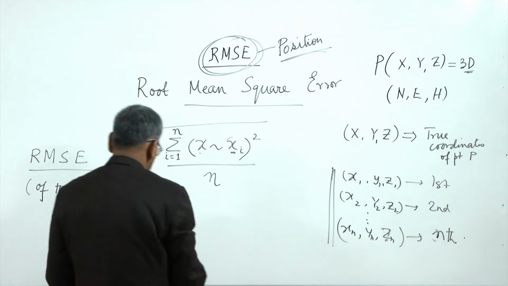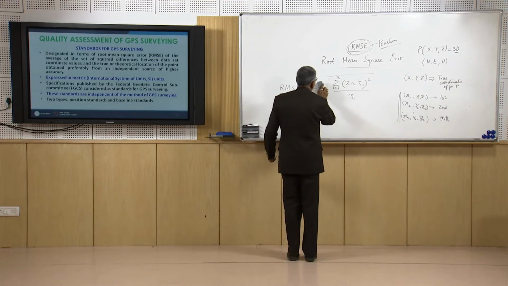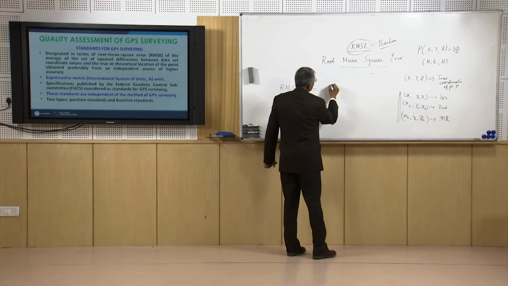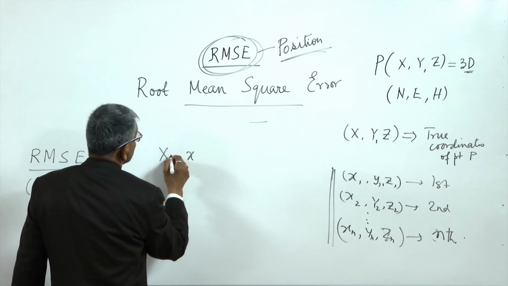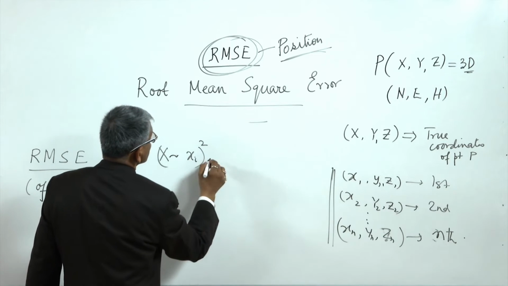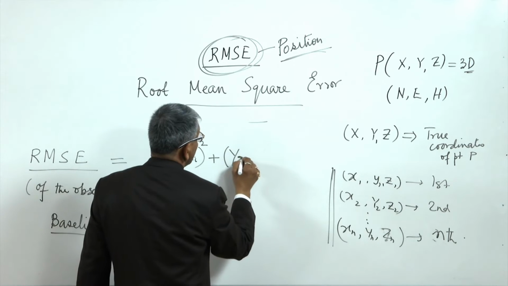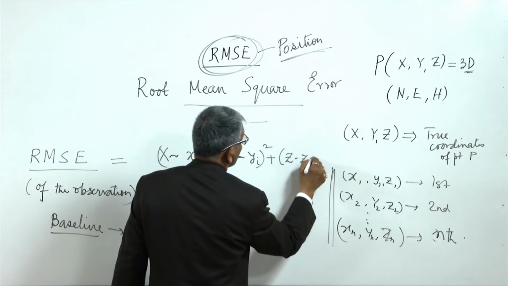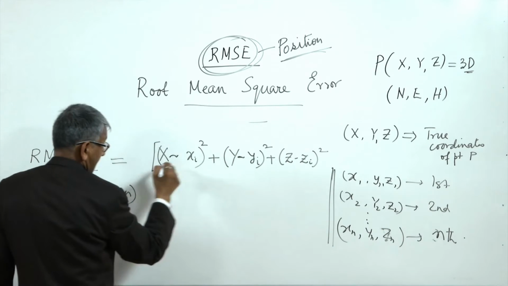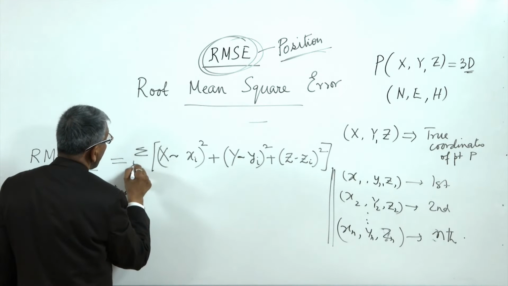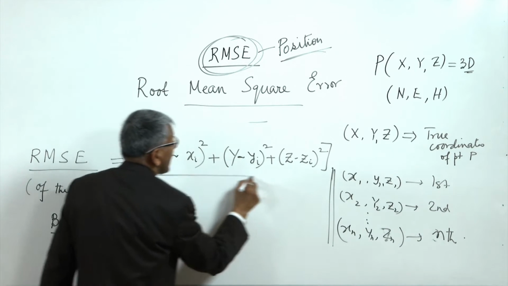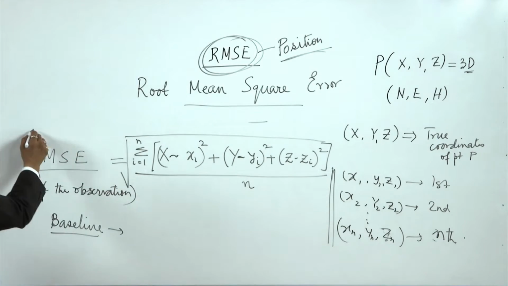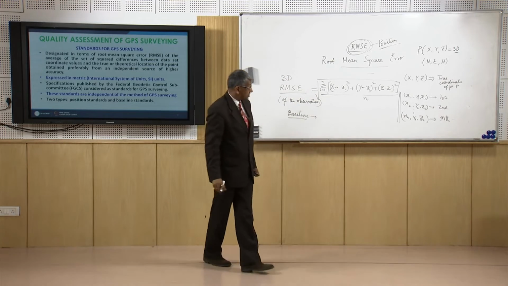Now, for this set of observations, the root mean square error can be written like this: x minus xi whole square plus y minus yi whole square plus z minus zi whole square, summation of these for i equal to 1 to n, then divided by n, and the square root. So, this is the 3D root mean square error for the position.